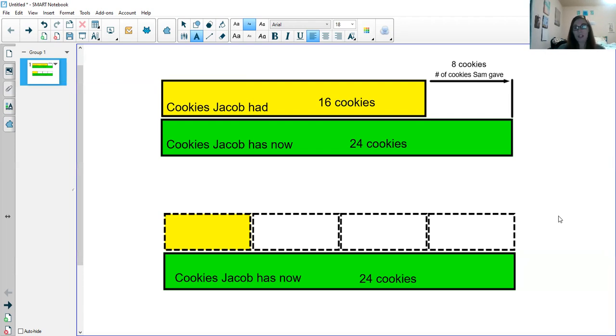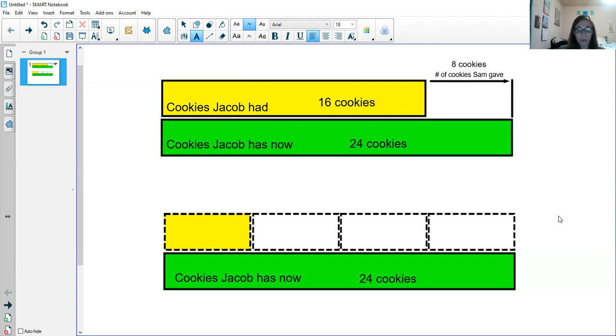You can also just play around with the numbers. But if you take 24 and you split it up, you get 6 in each group.